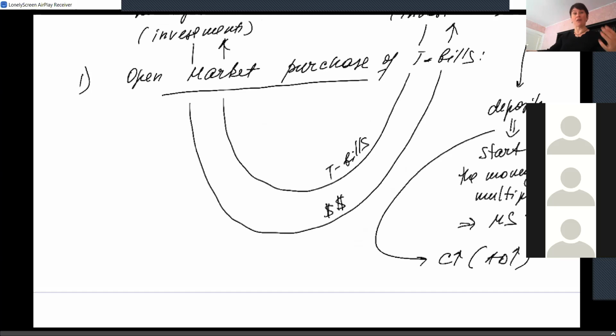Banks have more money through their excess reserve explosion, so it's easier to find a loan. So we go ahead and spend what we just released from holding T-bills. Plus, it's easier to get a loan, so we do so, driving the consumption up and driving the aggregate demand up.